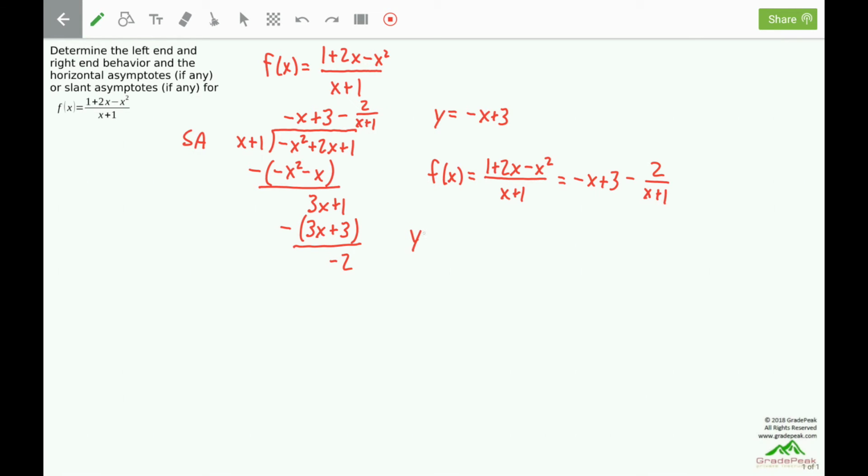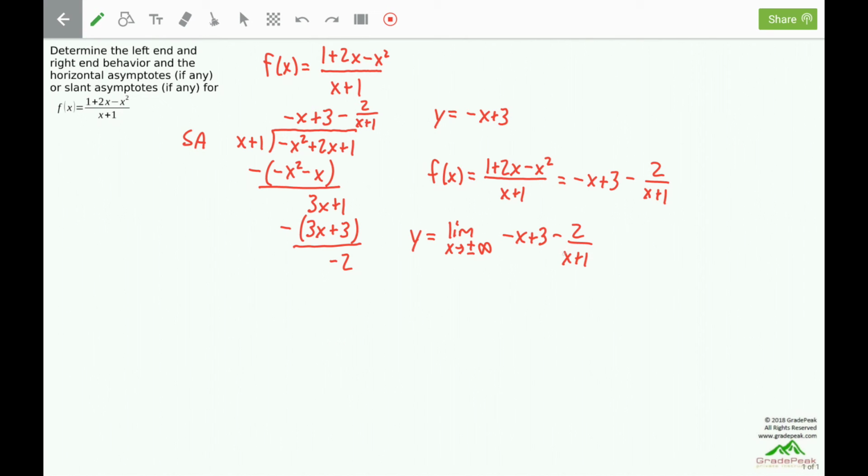The slant asymptote is determined by y equals the limit as x approaches positive or negative infinity of f of x, which is negative x plus 3 minus 2 over (x plus 1).